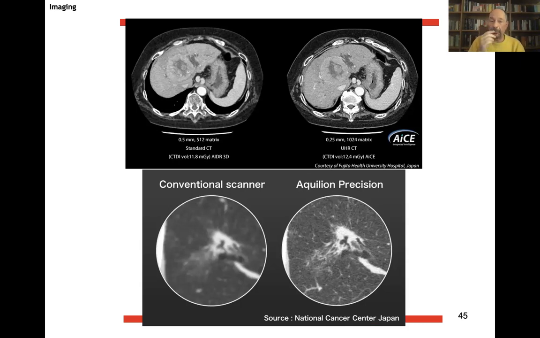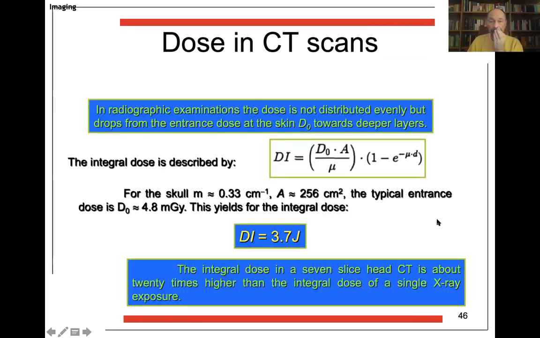Please note that you get this without substantially increasing the dose, because this dose is 11 milligray and this dose is 12 milligray. And this is a lung, where you see the big difference when you go to high resolution: this tumor that is already visible here becomes very well resolved at very, very high resolution.